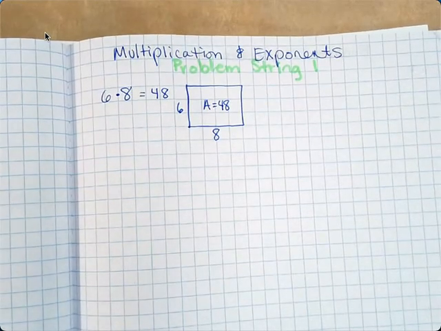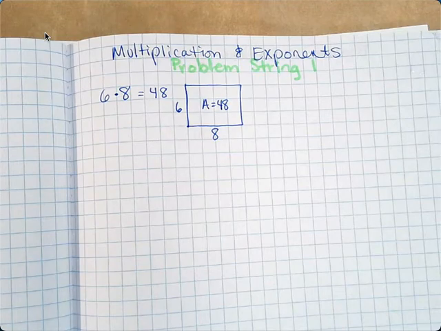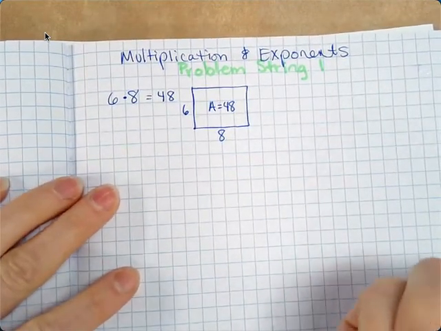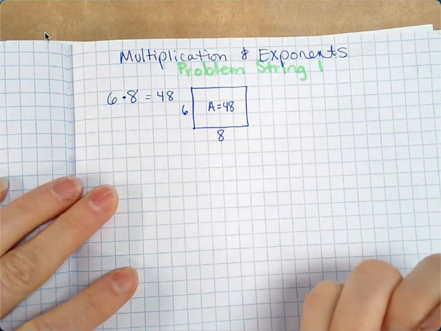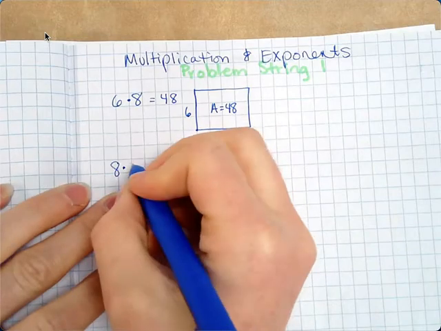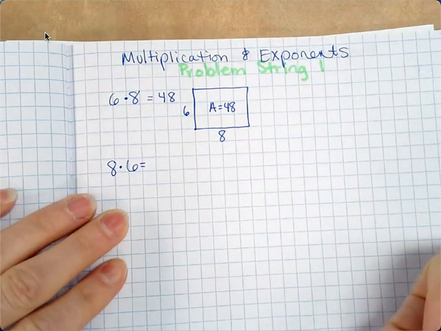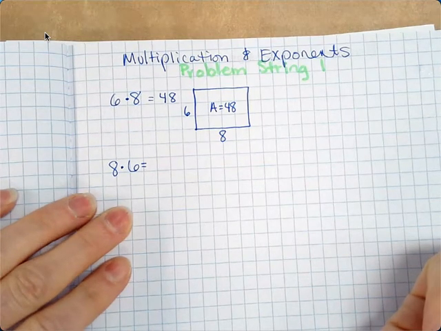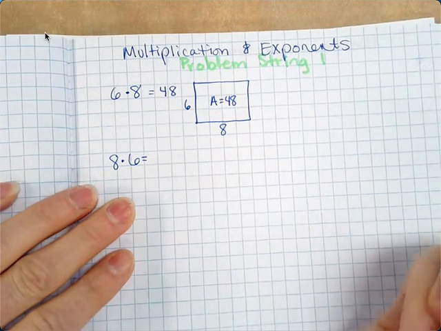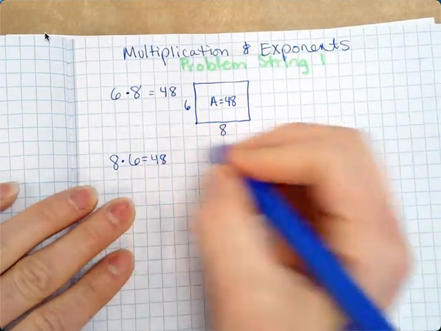Units squared, but we're not worrying about that right now. So we're kind of looking at some area models. The next one is 8 times 6. That's the same thing, right? 48. So let's draw that area model.